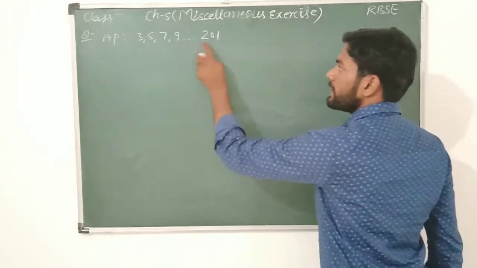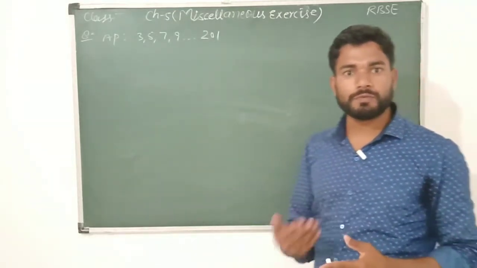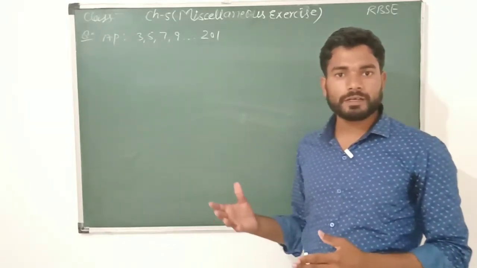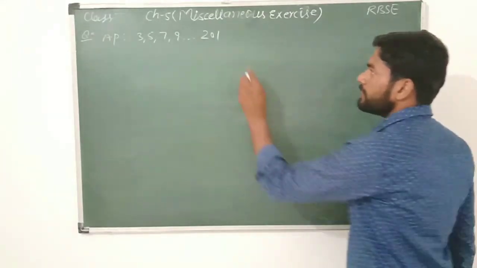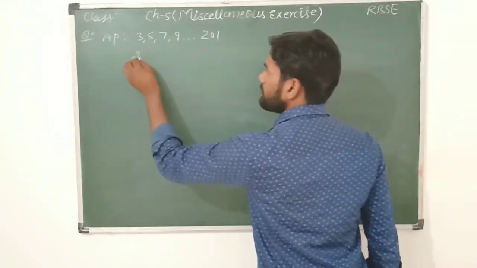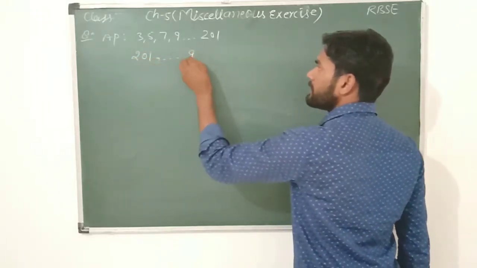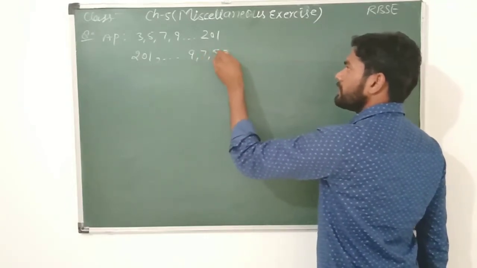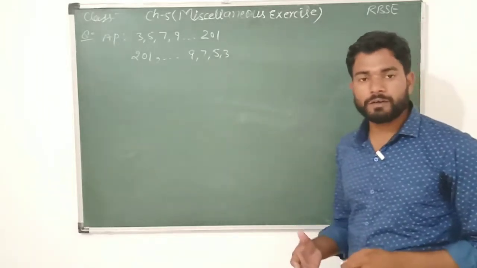According to the previous question, I solved one question of the same method in exercise 5.2, and in this case we reverse the AP. On reversing the AP, we will get the new AP in this formation: 201, ..., 9, 7, 5, 3. Now what are we trying to find out?